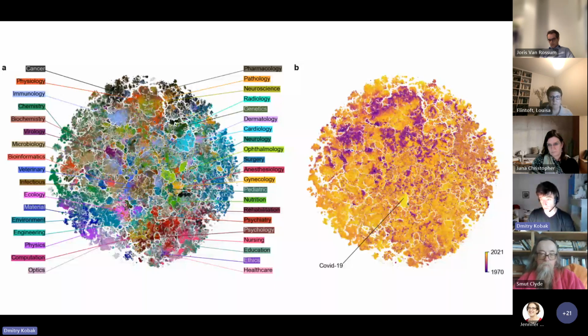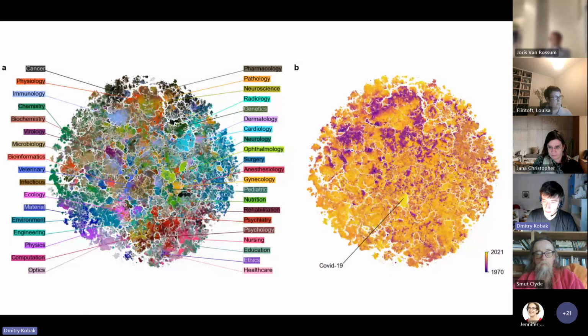It turns out, if you look at what papers are in here, this is the research on COVID. It makes sense that it's a sizable fraction of the entire literature, and it's all close together. So we call it the COVID island. Then one can zoom in on different parts of this embedding and in various ways see that there's a lot of meaningful structure on different levels. There's more structure than you can see on this slide.